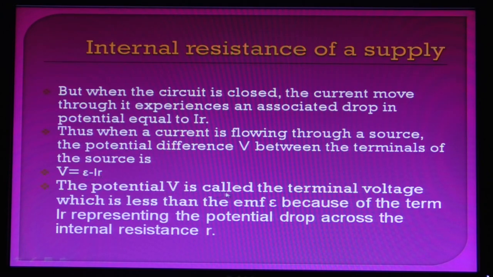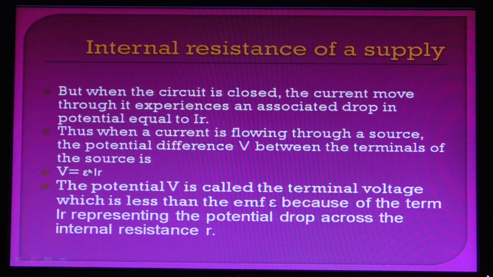The potential V is called the terminal potential, which is less than the EMF because of the term Ir representing the potential drop across the internal resistance r. It means that V is less than epsilon: the terminal potential difference is less than the EMF.